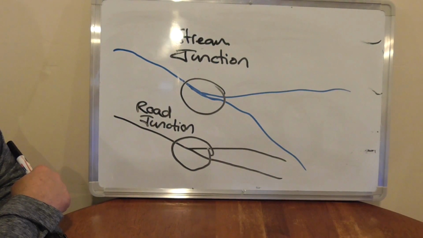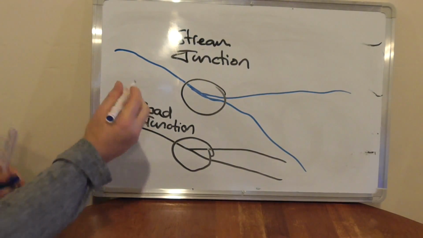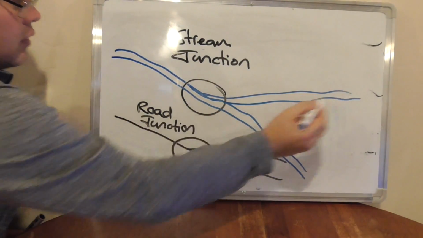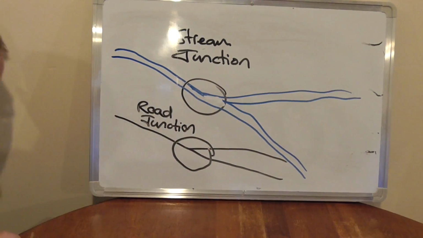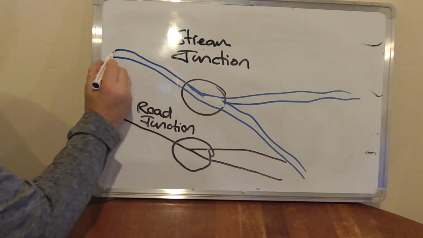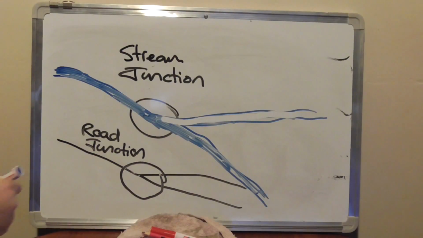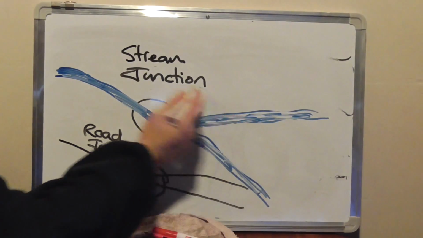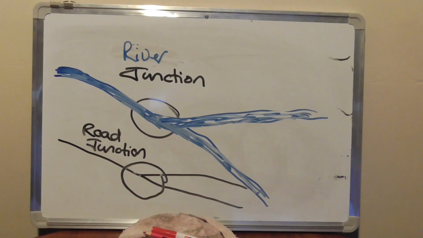Okay, so that could be a couple of other things, and obviously if it was bigger water, if it was like that, then that would be more of either a larger stream or a river, getting into rivers. So if it's like a bigger area, like that, it would be a river, and that would be called a river junction.